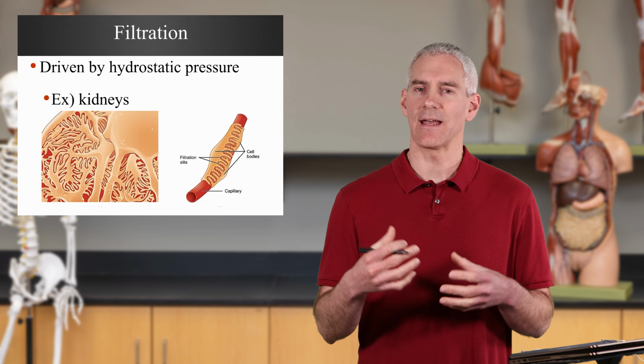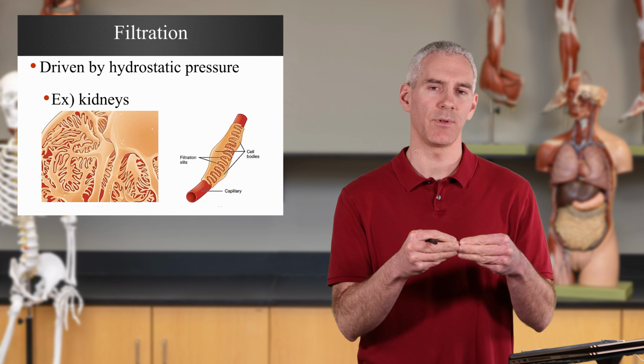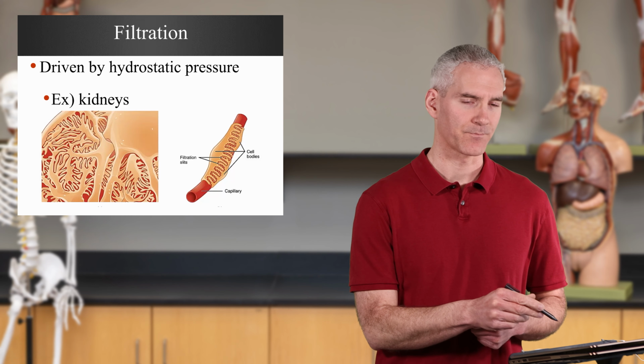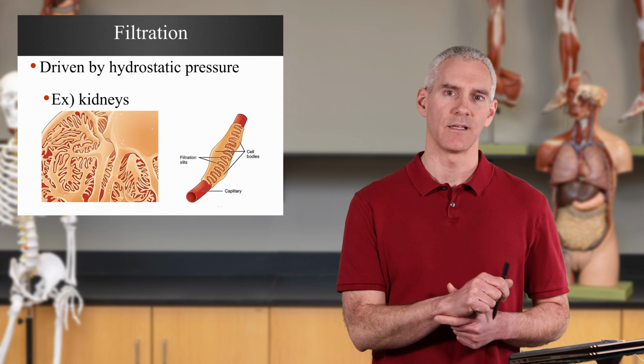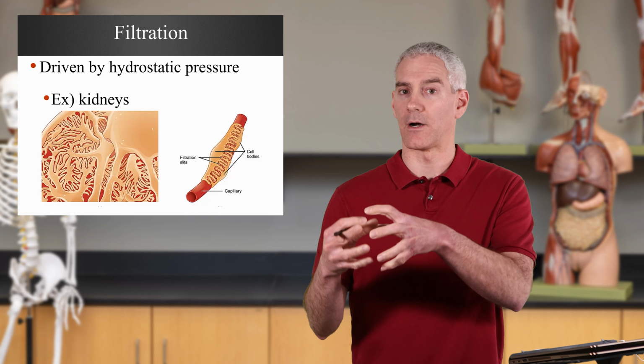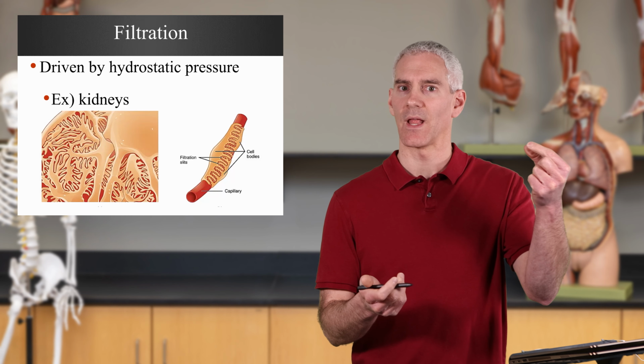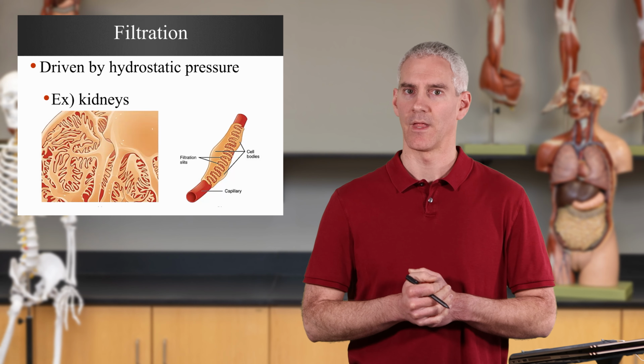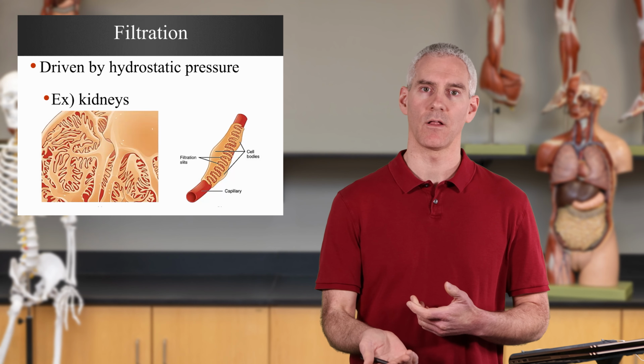So you're trying to make sure that you have enough pressure inside the blood vessel to force the particles out. There's little tiny slits here. It's allowing the filtration to occur. Particles get pushed through these little slits. Anything that's larger and can't fit stays in the blood vessel. So filtration is one method also of a passive process.